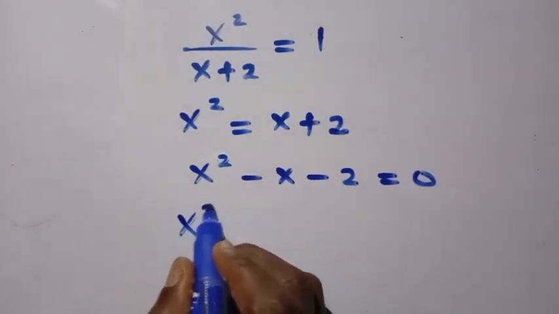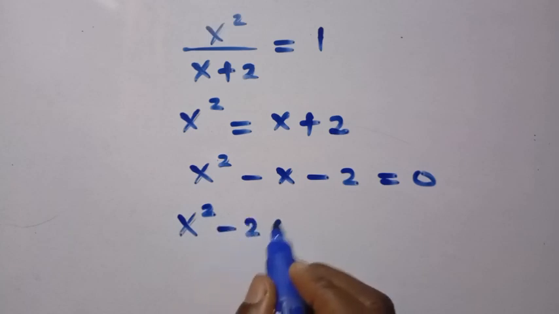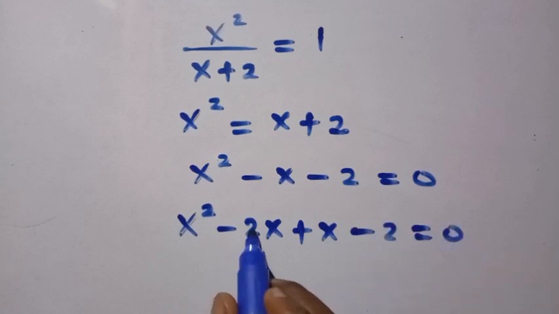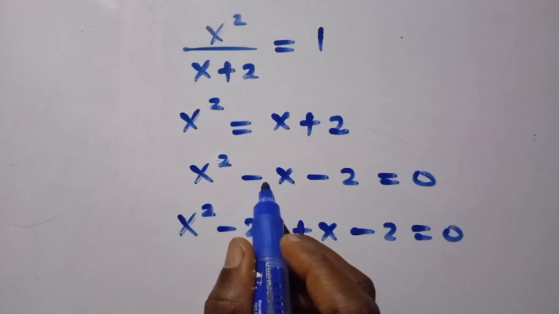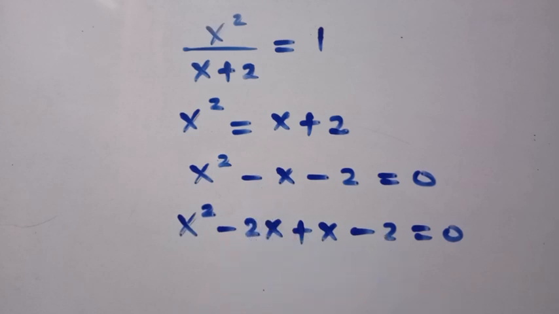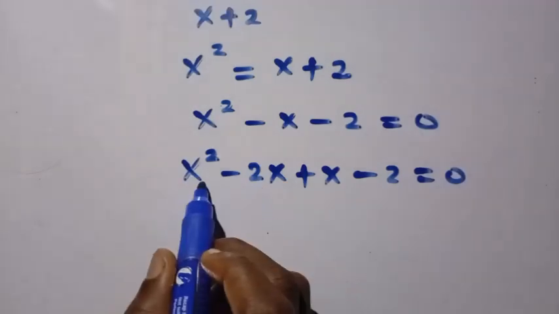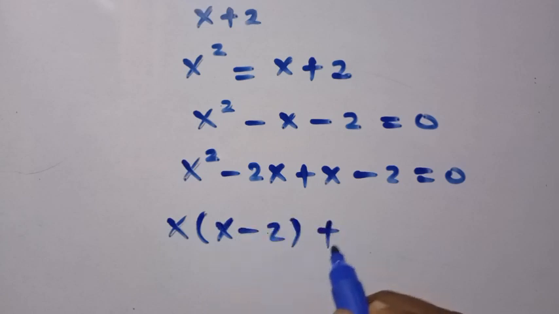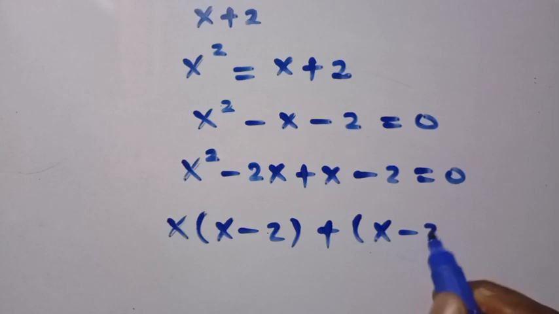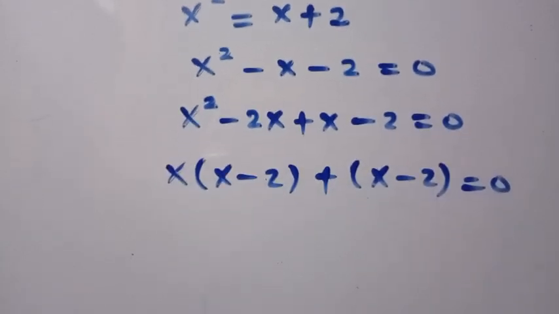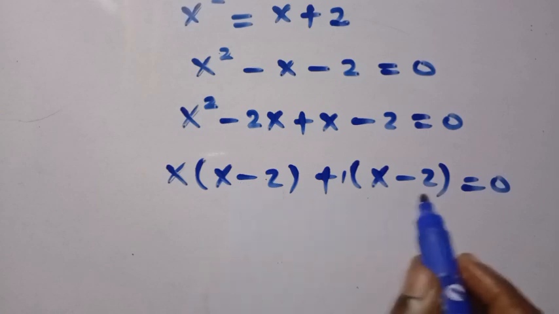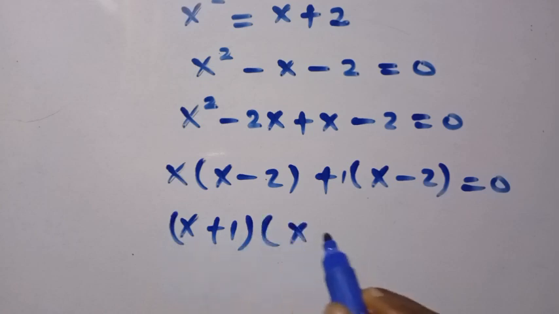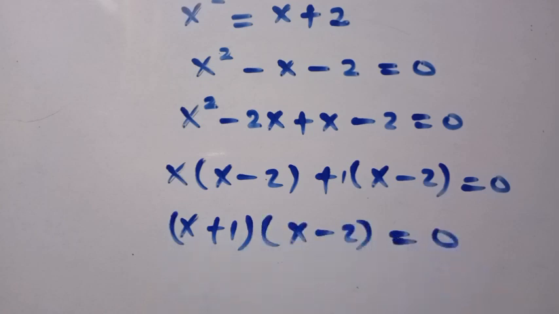To get the value of x, we look for two values whose sum will be minus 1 and whose product will be minus 2. Then x squared minus 2x plus x minus 2 equals 0. So minus 2x plus x gives minus x, and minus 2 times 1 gives minus 2. We combine this together and factor out x: x(x minus 2) plus 1 times (x minus 2) equals 0.